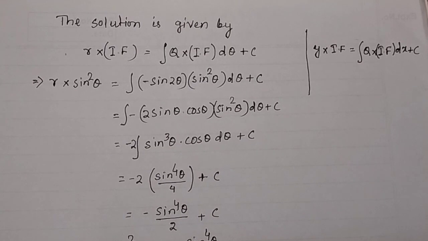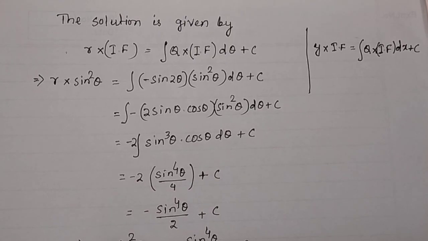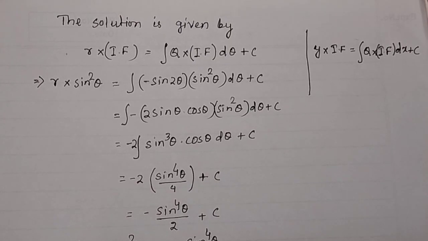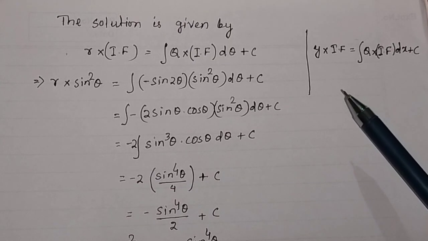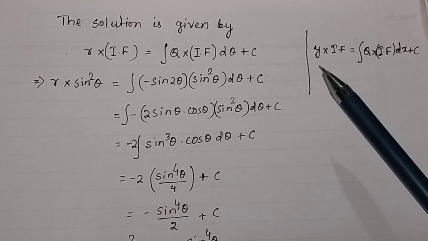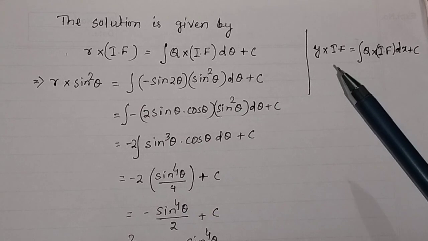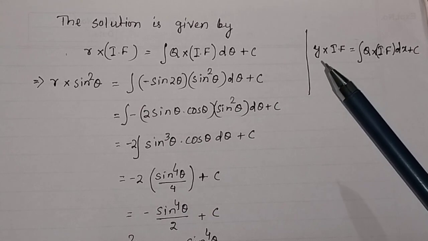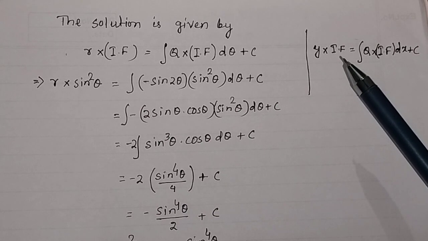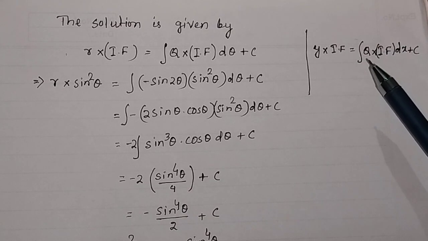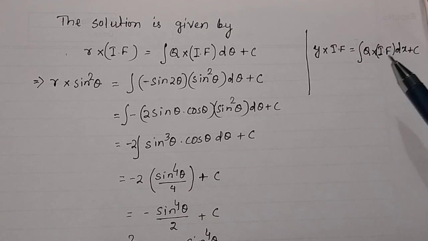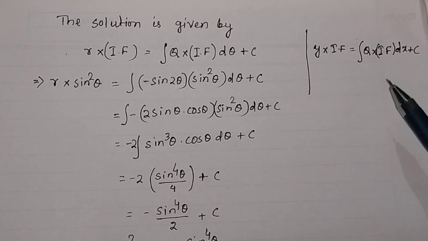Now we find out the solution of the first order linear differential equation. As we know, the solution in terms of x and y for the integrating factor method is given by y into integrating factor is equal to integration of q into integrating factor dx plus c. So this will be the solution of first order linear differential equation in terms of integrating factor.